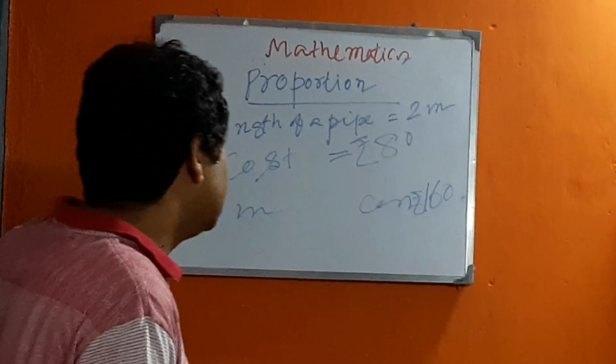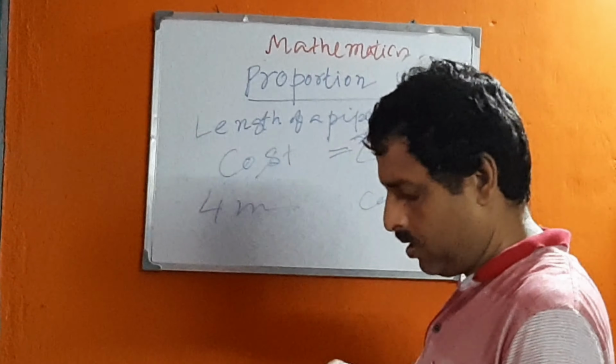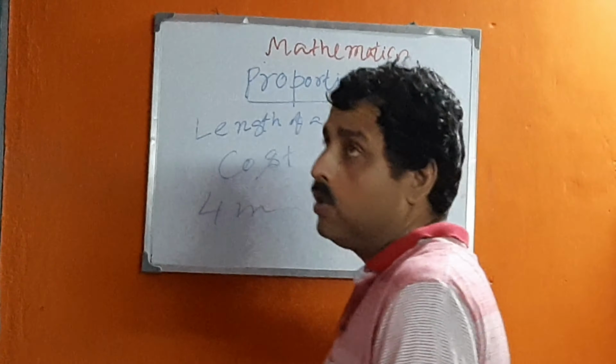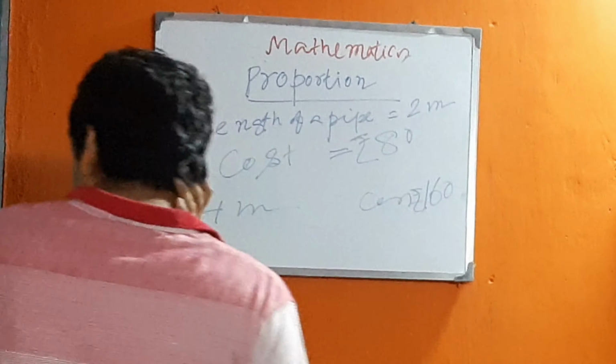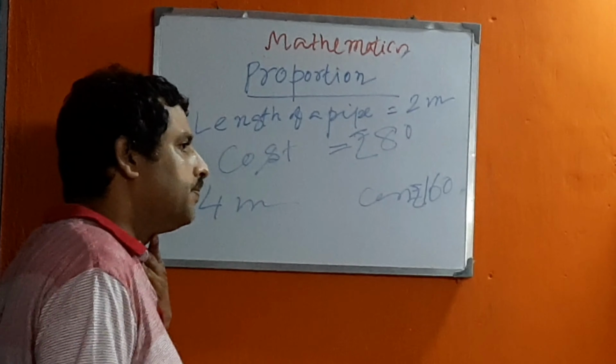That means the cost of a pipe is proportional to its length. It is also known as direct proportion.